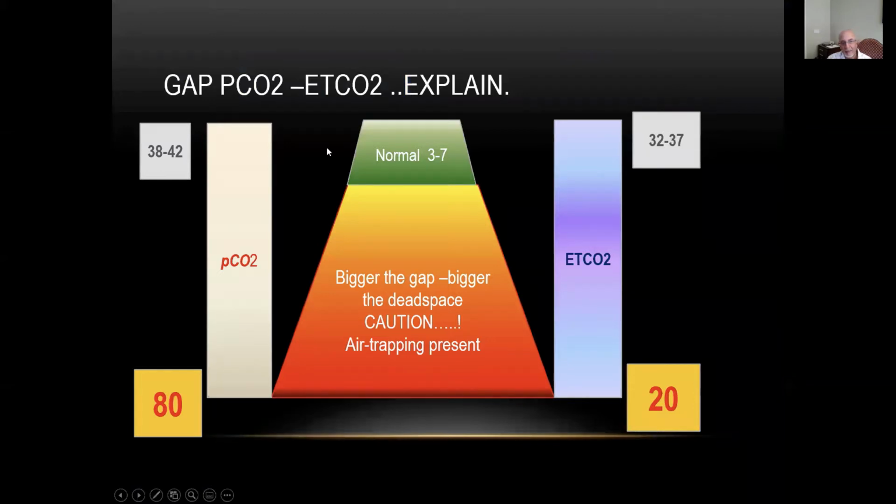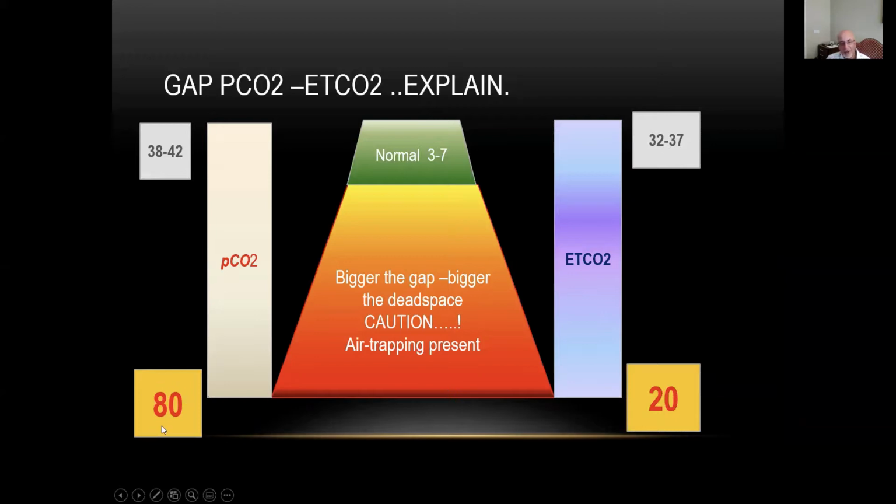So the difference between the PCO2 and the end-tidal CO2, which I refer to as the gap between these two values, is normally 3 to 7. The higher the gap, the more likely the ventilator settings are not optimal.